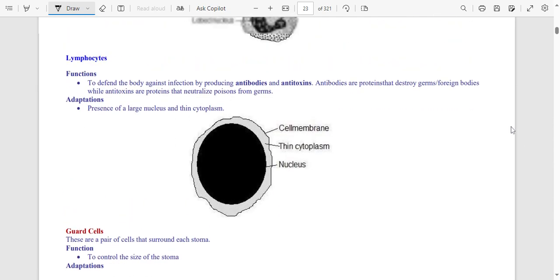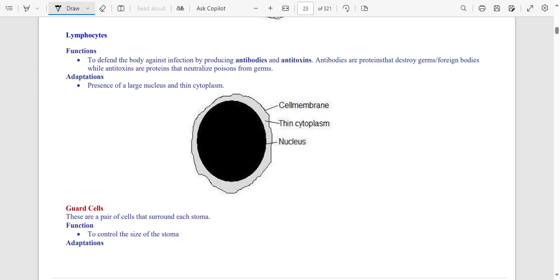The other type of white blood cell is the lymphocyte. Now, lymphocytes are involved in fighting infections, and they do that not by engulfing but by producing antibodies and antitoxins.